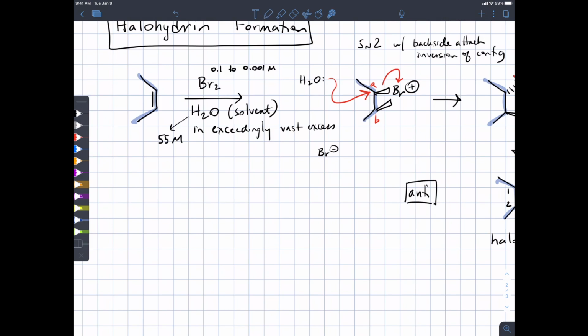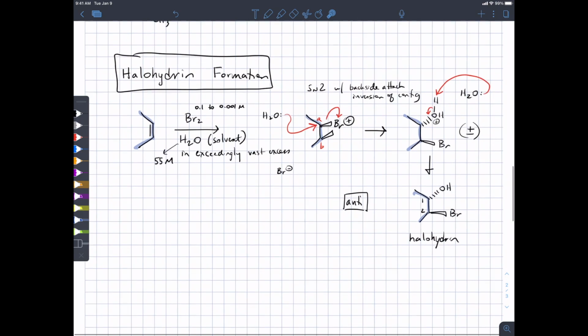So you're looking at least 500 times to 50,000 times as much water as there is Br minus. And so if you have water present as the solvent, water is going to do the attacking in this second step, just by competition, just statistically.